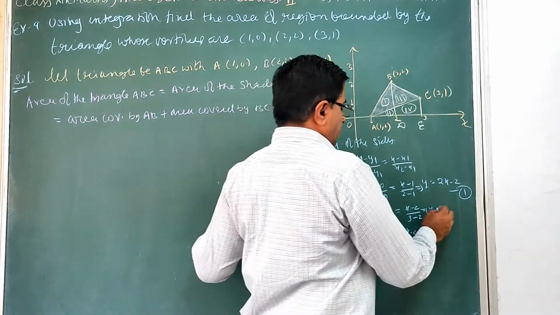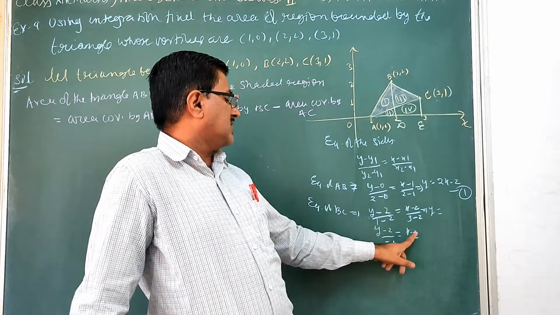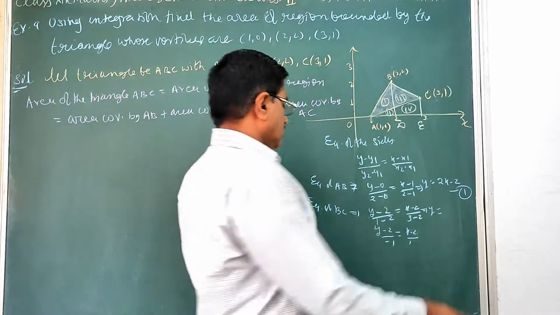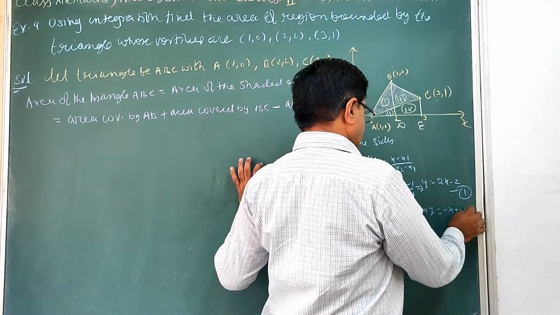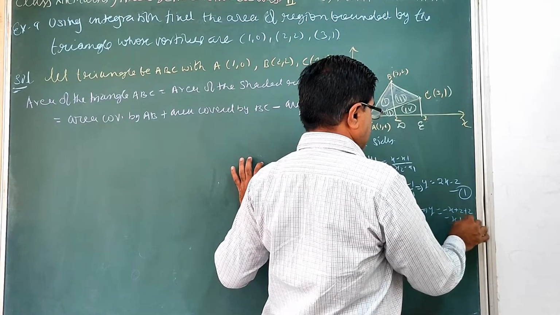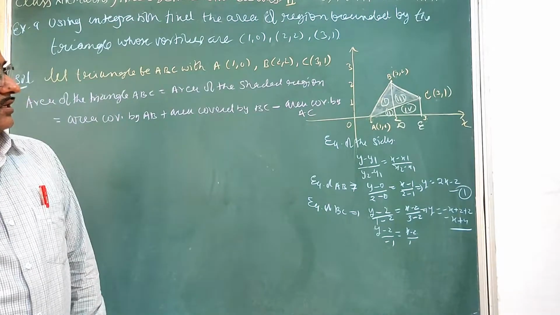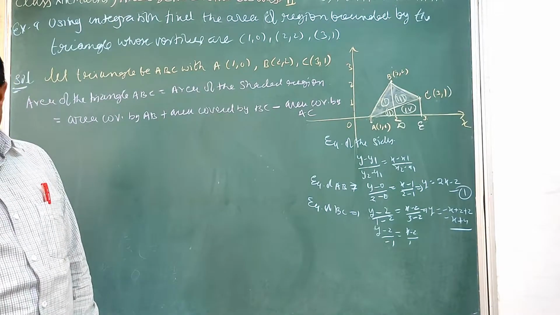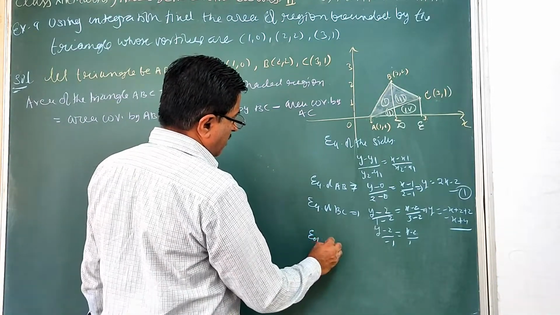You cross multiply, so minus x plus 2 and plus 2. So what we get? Minus x plus 2 plus 2. What is the equation of BC? Minus x plus 4.